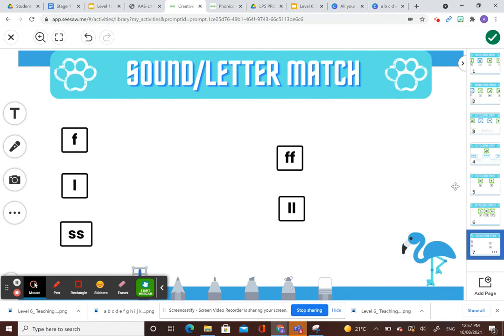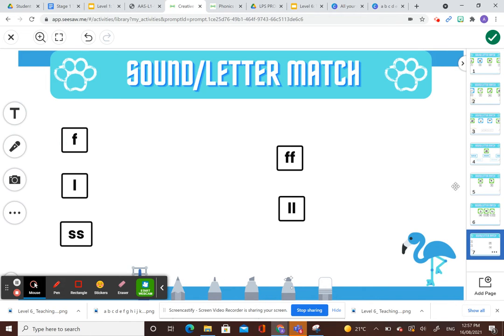Now, when to use the single or the double consonant? At the end of a one syllable word, we often double the letters F, L, and S when they come right after a single vowel.